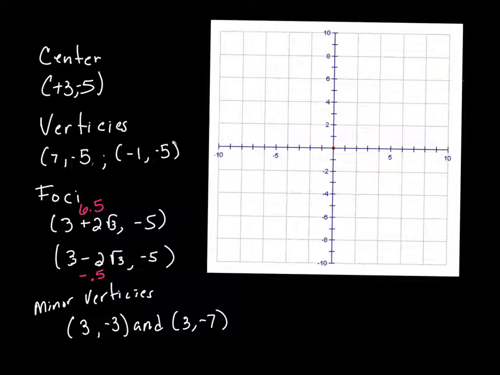So let's start at our center at 3, -5, which will be right here. And then our major vertices will be 7, -5, and -1, -5. Along this line, this is our major axis.